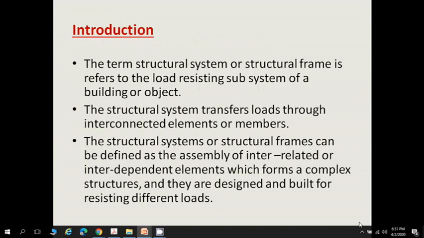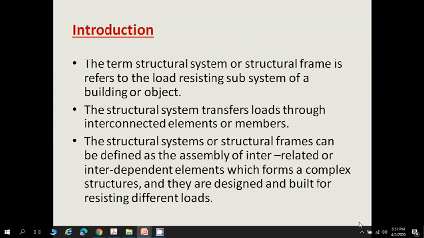So first is introduction. What are the building structural systems? The term structural system or structural frame refers to the load resisting subsystem of a building or object. The structural system transfers load through its interconnected elements or members.